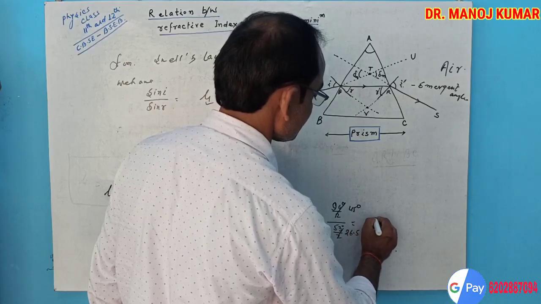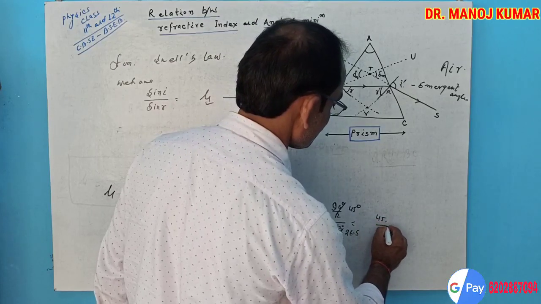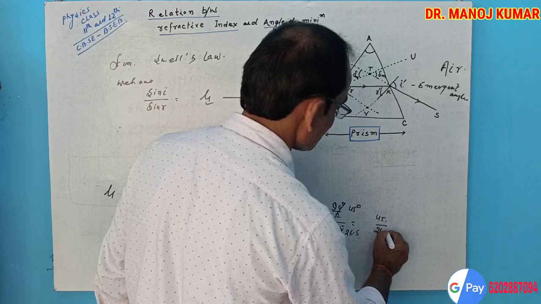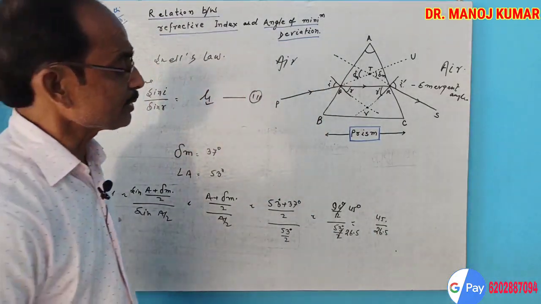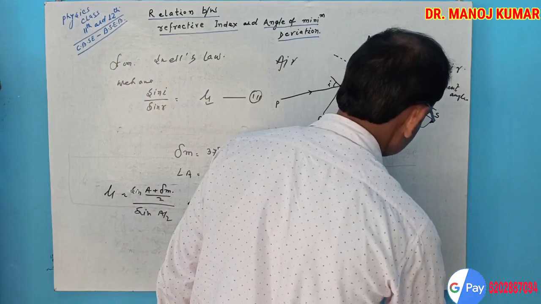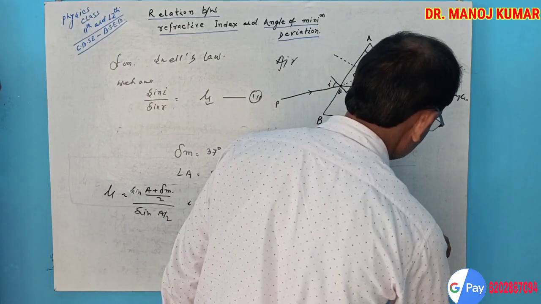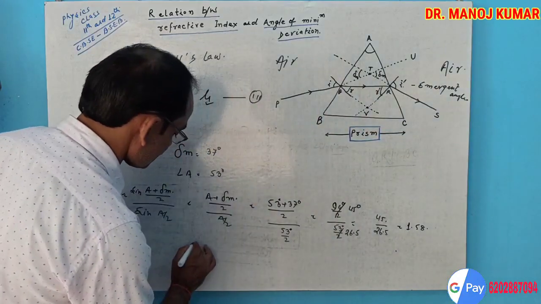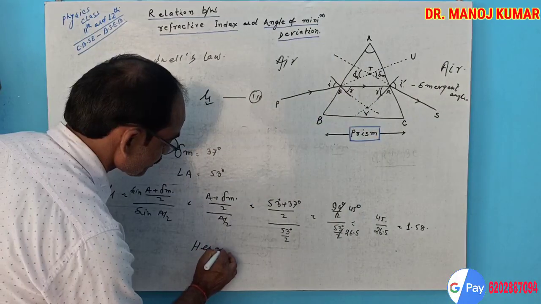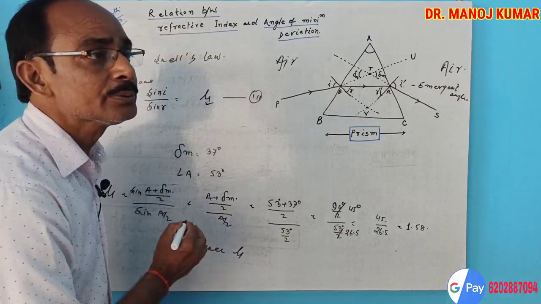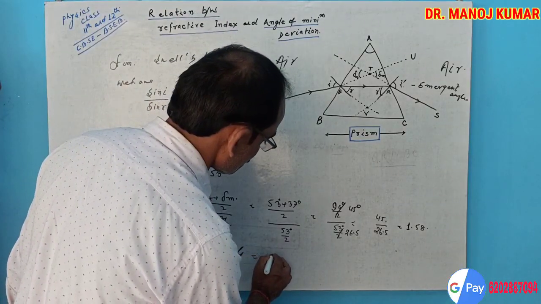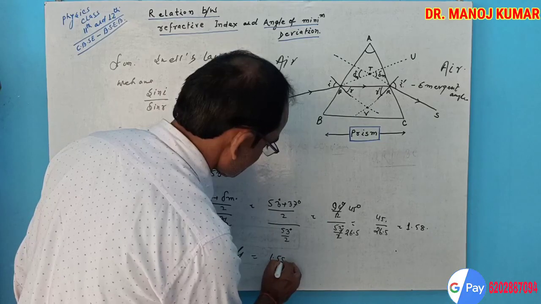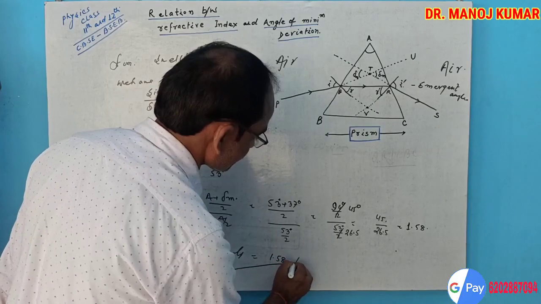That can be written 45 upon 26.5, that is 1.58. Hence mu equal to 1.58.